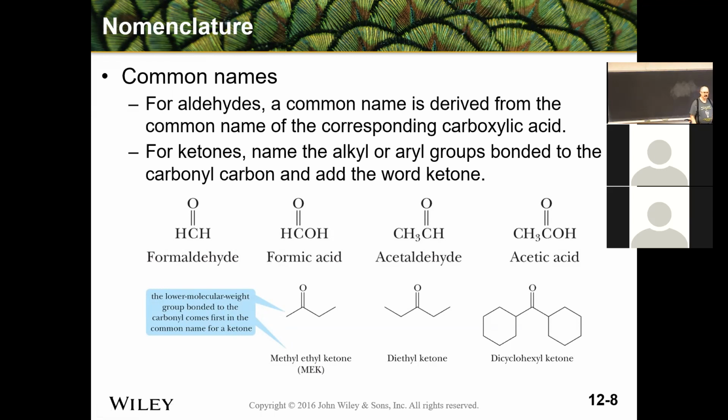MEK is an important solvent like acetone. Some organic compounds tend to be more soluble in methyl ethyl ketone. Methyl ethyl ketone, though, is less soluble in water than acetone. This is diethyl ketone. And then this is dicyclohexyl ketone.